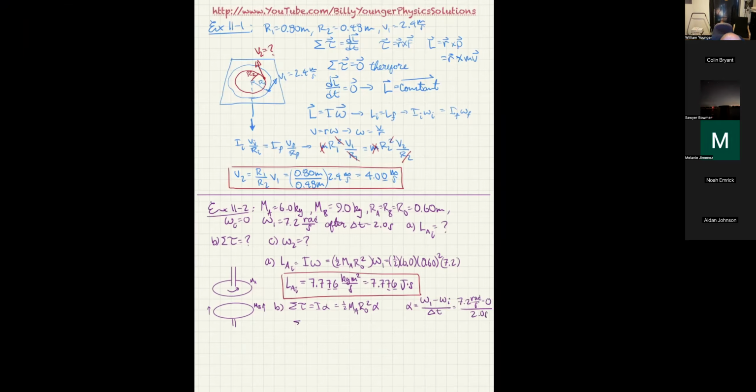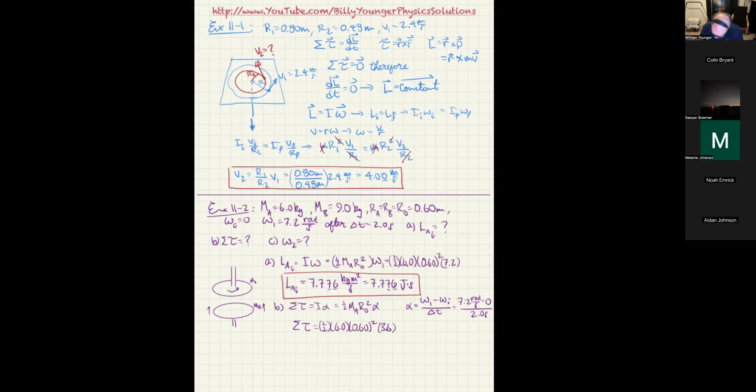And we're going to get the summation of the torques is therefore equal to 1/2 times 6.0, leaving the units off again, times 0.60 squared times, in this case, 7.2 divided by 2.0, which would be 3.6. So that's times 3.6, and that has units of radians per second per second.